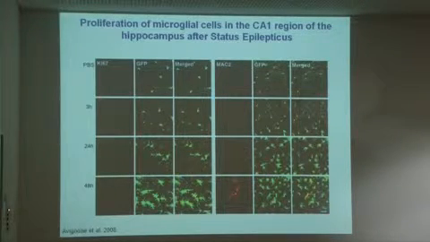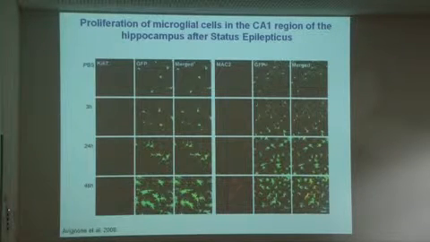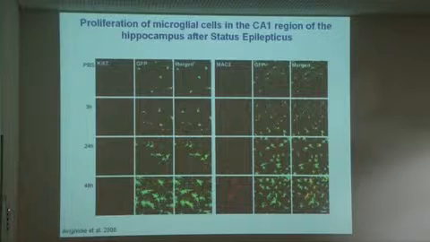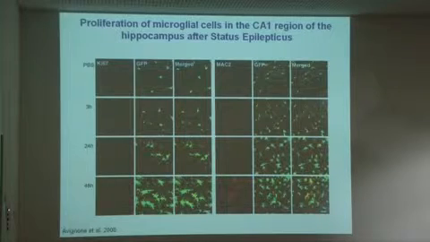We also used the MAC2 antibody, and MAC2 is expressed in activated microglial cells that have entered the proliferative state. And here again, we see the colocalization of GFP and MAC2. So we have some proliferation in the hippocampus, more microglial cells, and they are bigger.